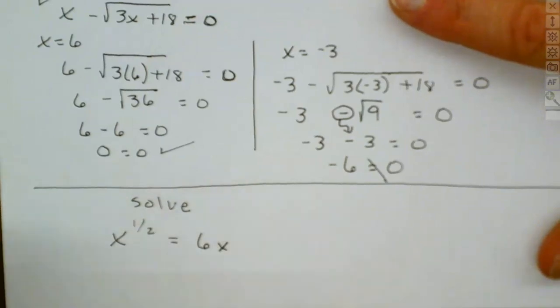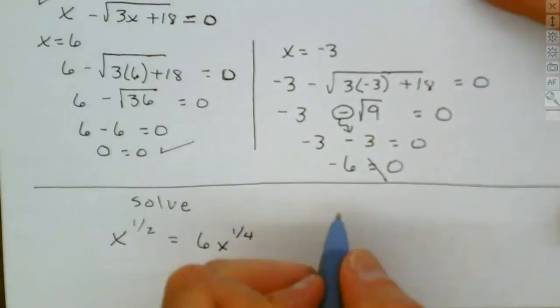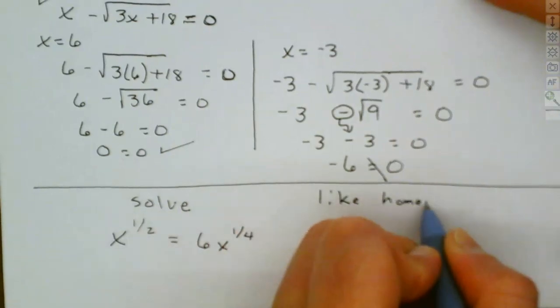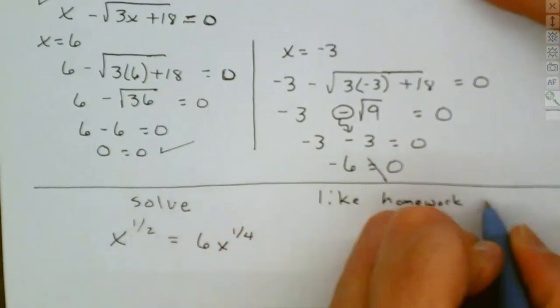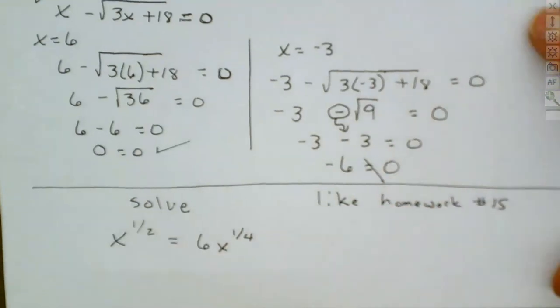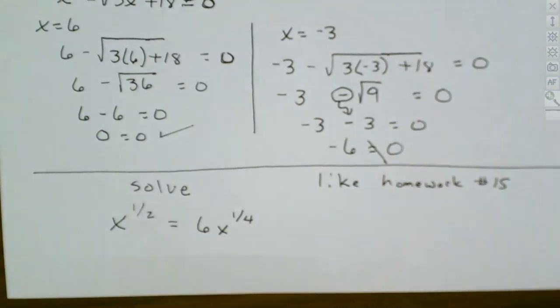And this is going to be very, very similar to question 15 in your homework. So let's see if we can't work this one out. This will be the last one that we're going to work through.